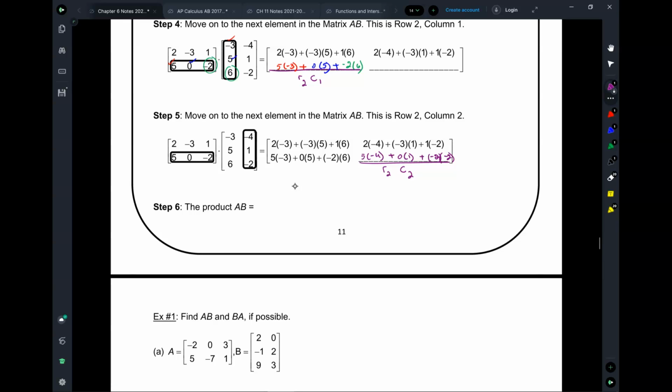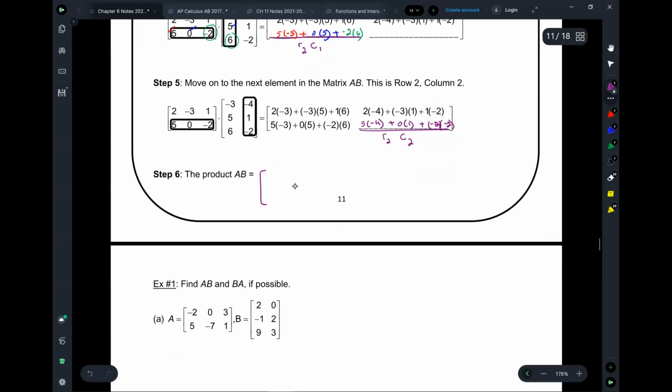Okay. Now that you've filled them all in, all that's left is the addition or subtraction, right? So let's see what the product is. All right. This first one here, what does that give us? Negative 6 minus 15 plus 6, negative 15. Right? Okay, what about the next one? Over. Negative 8 minus 3 minus 2, negative 13.